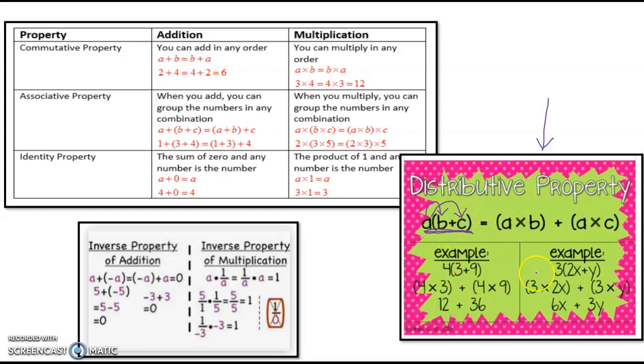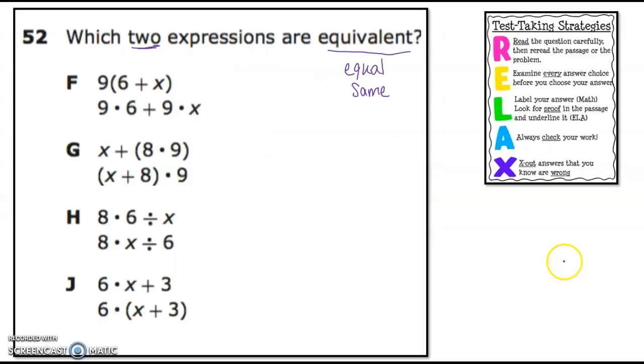So notice the two examples below here. You should have reviewed those, but I just wanted to remind you before we moved on. So let's take a look again. We've got 9 parentheses 6 plus x, so this one goes over and then this one goes over, correct? So does it work where it's 9 times 6 plus 9 times x?